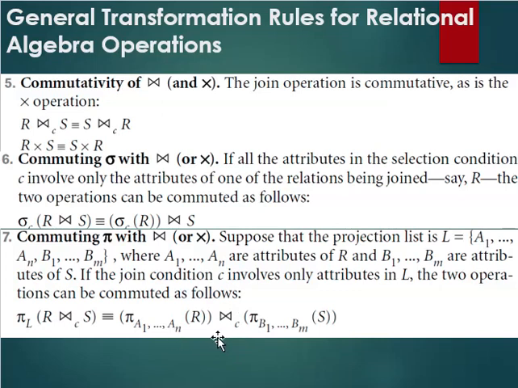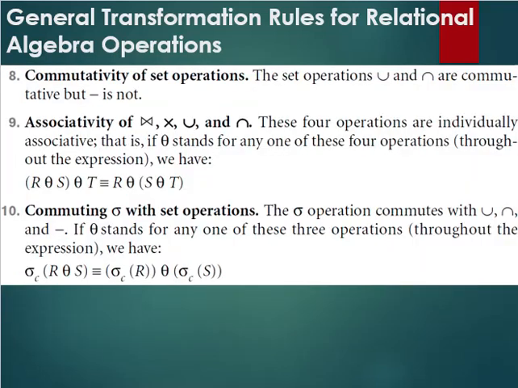This can be done only if the join condition contains attributes from the list L. There may be a chance that R contains other attributes than A1 up to AN, and S contains a few more attributes than B1 to Bn. So only if the join conditions use the attributes A1 up to AN and B1 up to Bn can you do this operation.